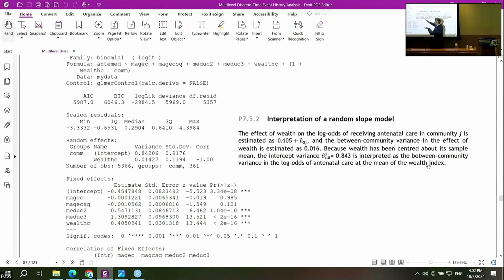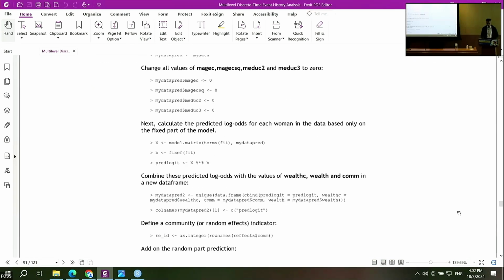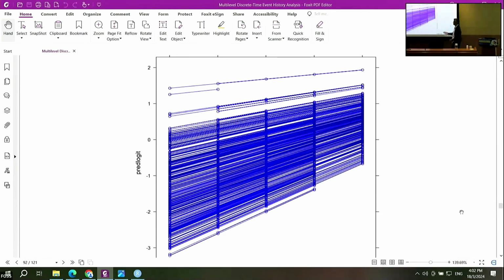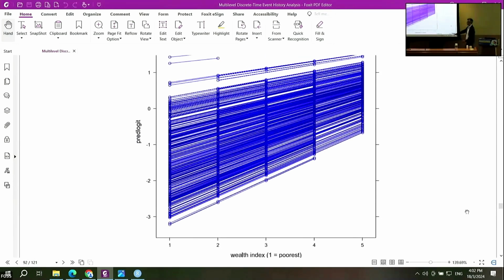So you get a lines fanning in pattern. If we look at the predicted logits of antenatal medical care by wealth, the wealth index goes from 1 to 5. The negative correlation between the intercept and slope residuals means that you get a fanning in pattern rather than a fanning out pattern. A fanning out pattern would be if the covariance between the intercept and slope residuals is positive.